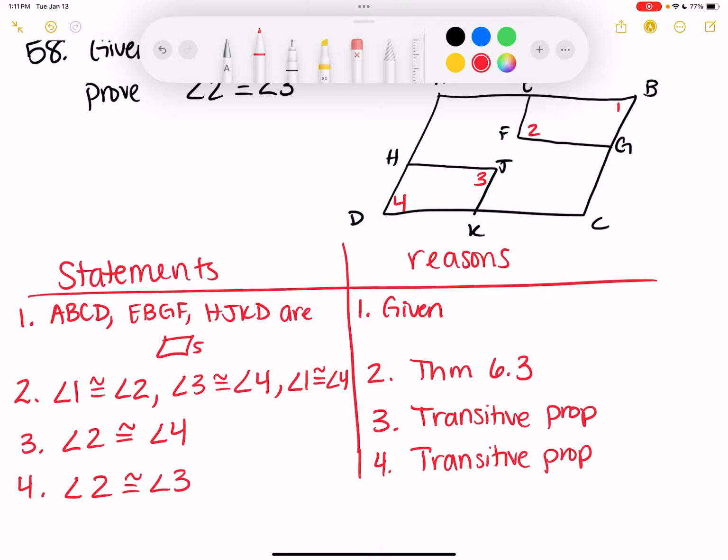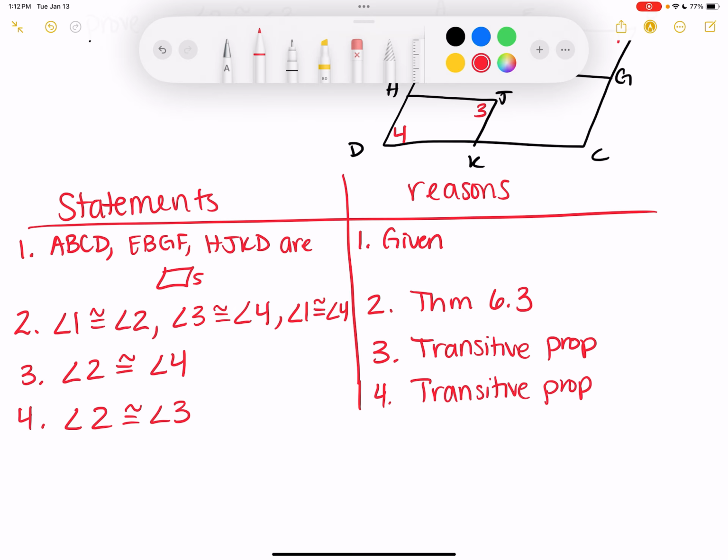The only thing is down here, when you're getting to what you want to prove, don't put these two things in the same step when this is what you're trying to prove. Do that as its own step. Whatever you're trying to prove should always be your final thing, even if it has the exact same reason. Okay. Questions on that? Pretty easy. Cool.